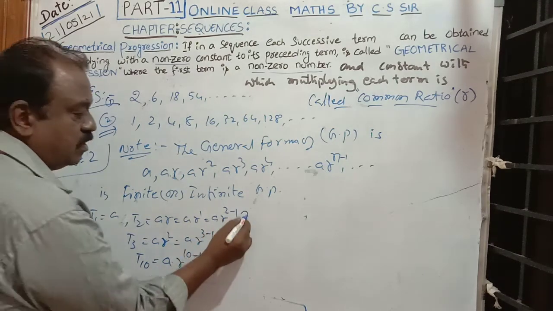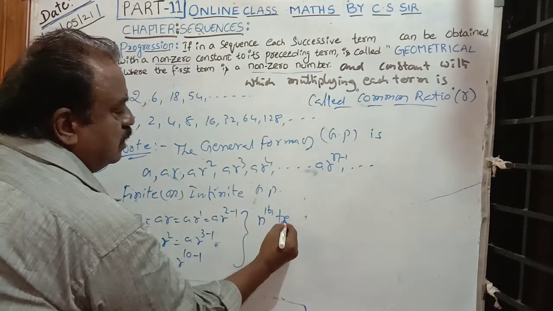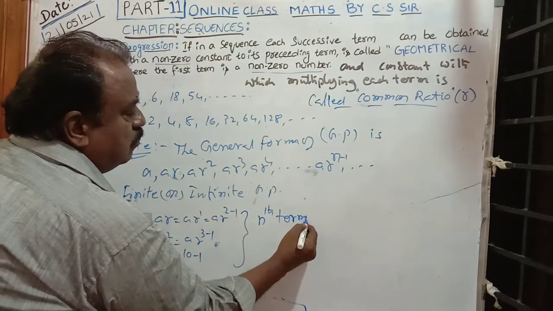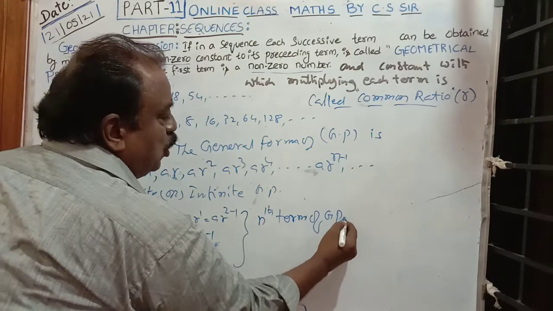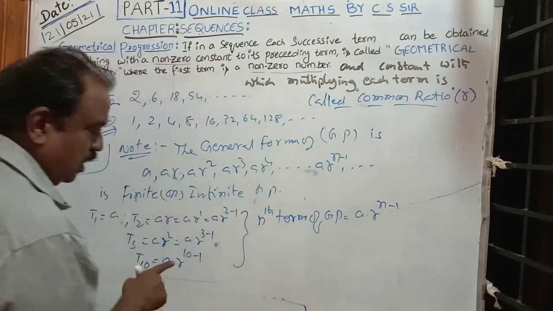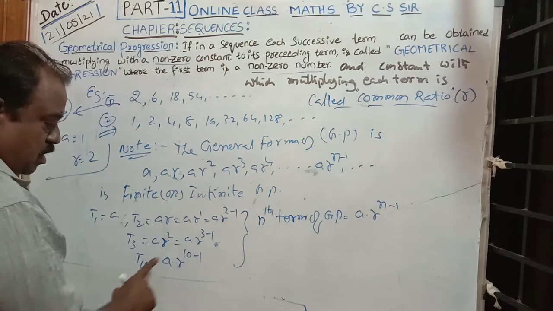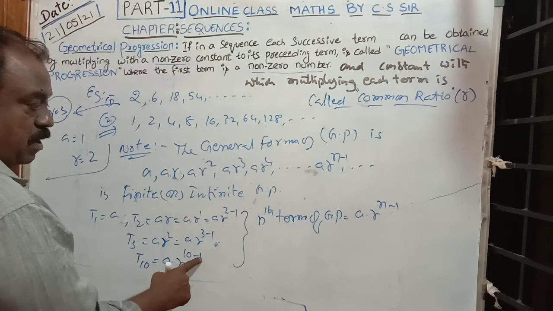In this case, the nth term is important. The nth term of a GP is a r power n minus 1. Suppose T15 means ar power 15 minus 1. T11 means ar power 11 minus 1.